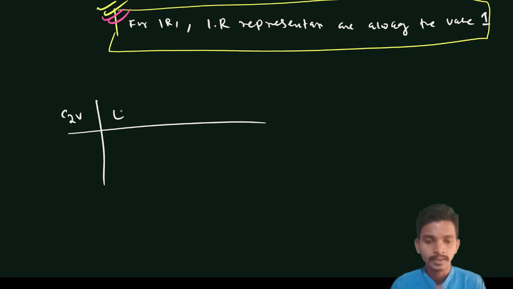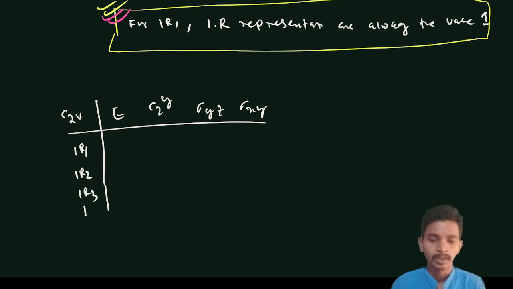E, C2, sigma xz, sigma yz, with IR1, IR2, IR3. Why am I writing that? After following the postulates, I will get these values.